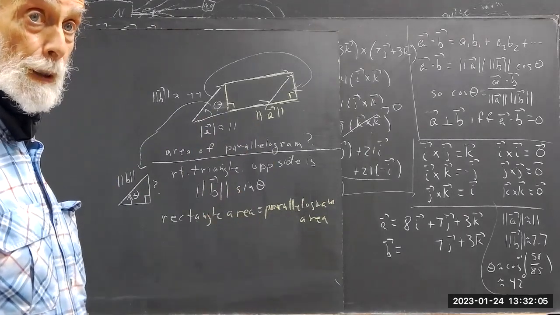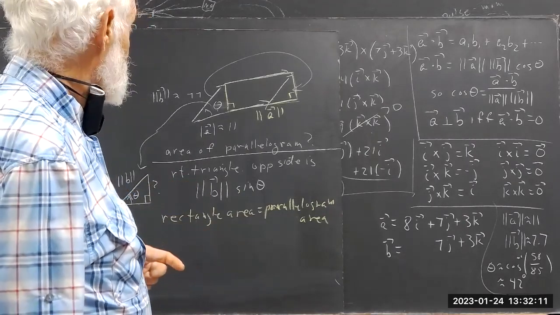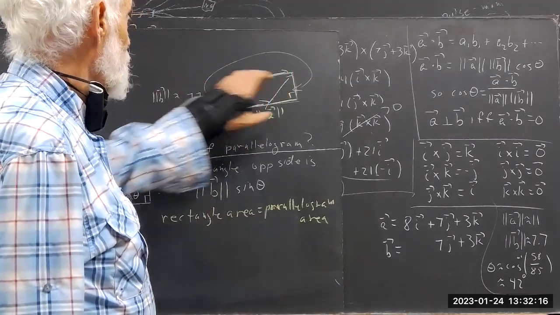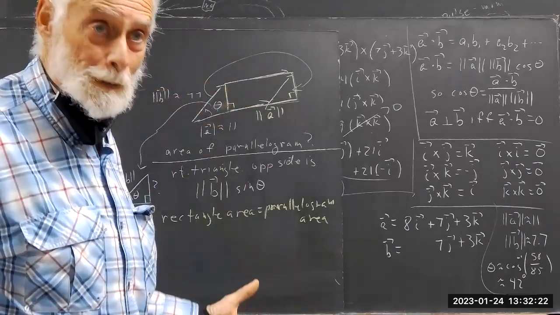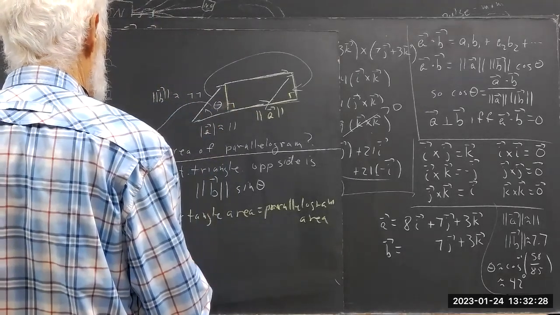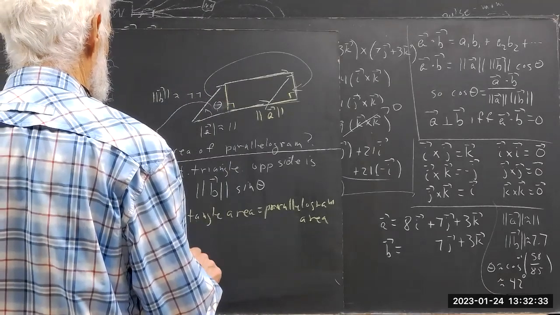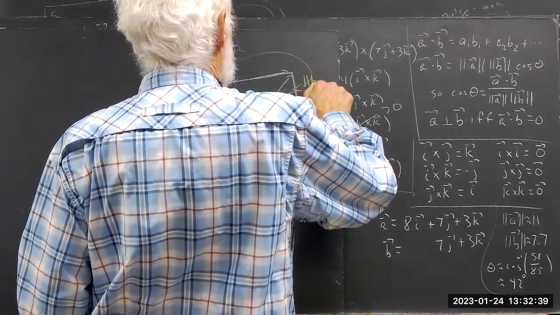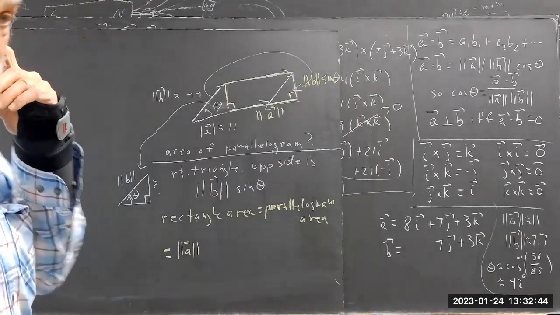Rectangle area equals parallelogram area, because a rectangle just consists of the area of this plus the area of this, which is the area of this plus the area of this, which is the area of the parallelogram. So rectangle area equals parallelogram area, equals then, we got the magnitude of A. This side is the magnitude of B sine theta, right?